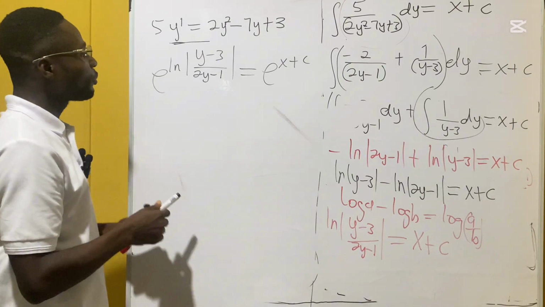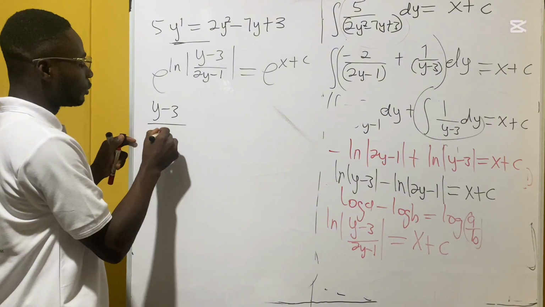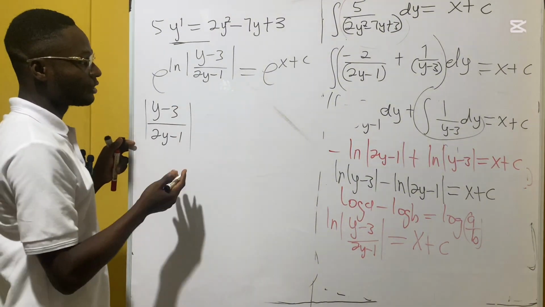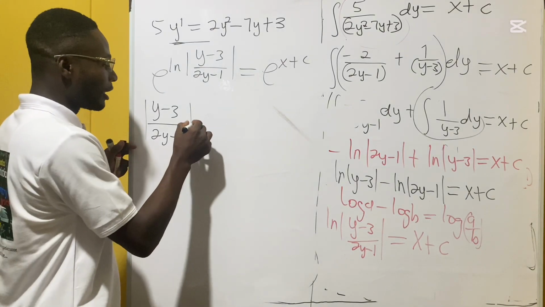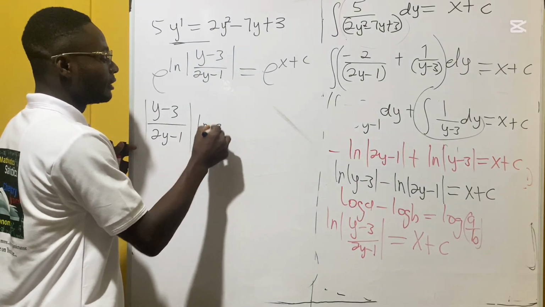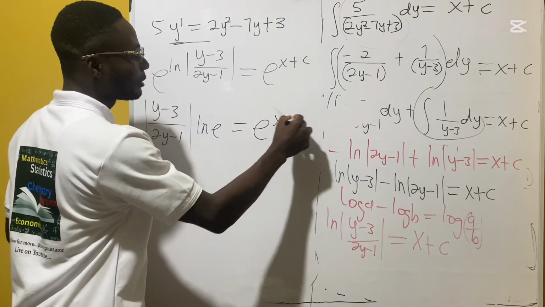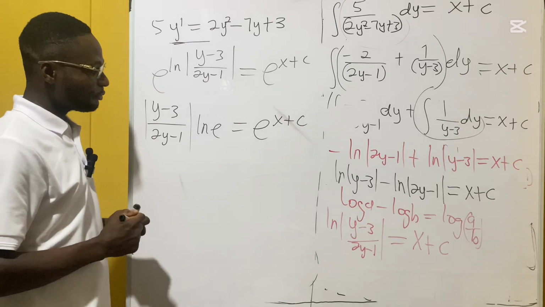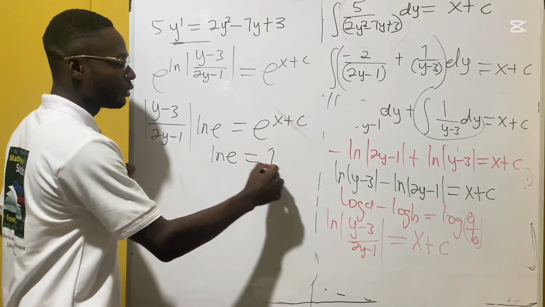So we have y minus 3 on 2y minus 1. Of course, they are all in the absolute sign, just to avoid the negatives in there. So we can have ln e here, and this will be equal to e power x plus c. Now we know that ln e is equal to 1.